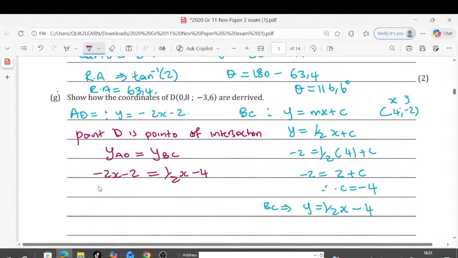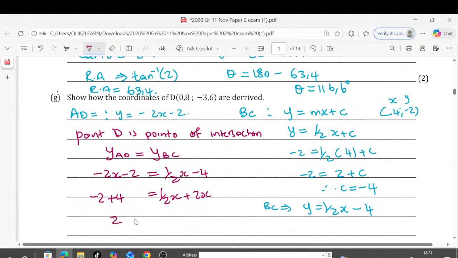So if we collect the like terms, I'm going to have this as (1/2)x. Let's bring the 2x to this side to be positive, and this side as -2. Let's bring the 4, so this side is just -2 + 4. What is -2 + 4?